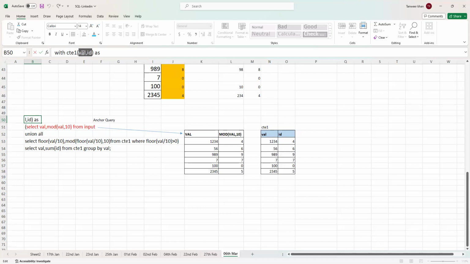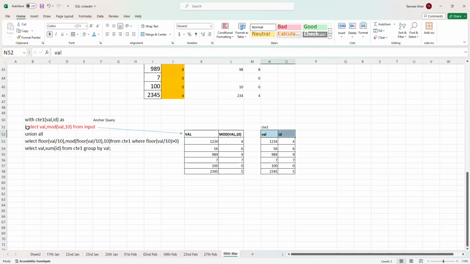Is that clear? Yes, sir. Any question here, first of all? Clear, sir. Shall I proceed further? Okay. So here, I'm just trying to extract the unit part, and then I'm saving this in the CT1 table in these two columns.